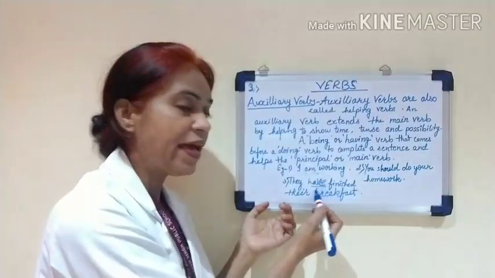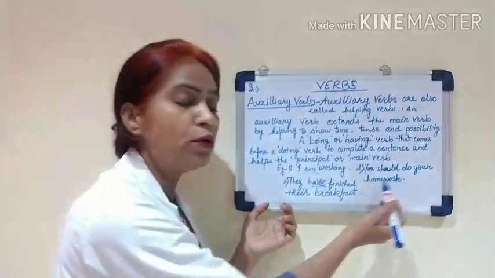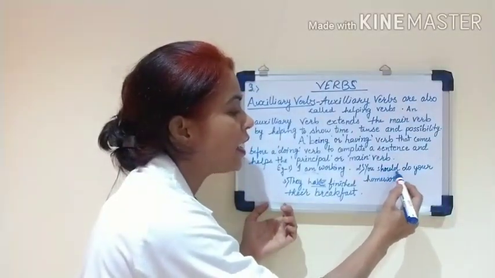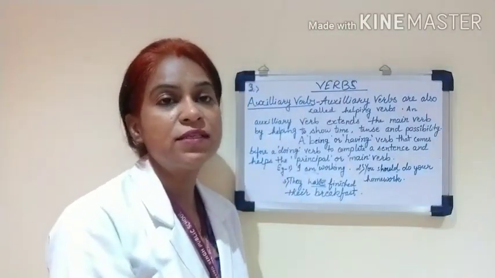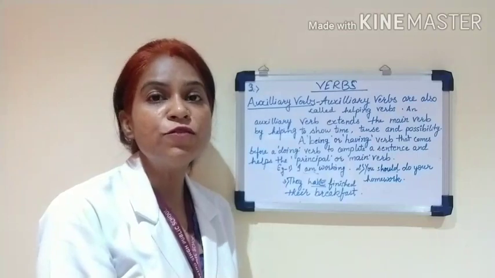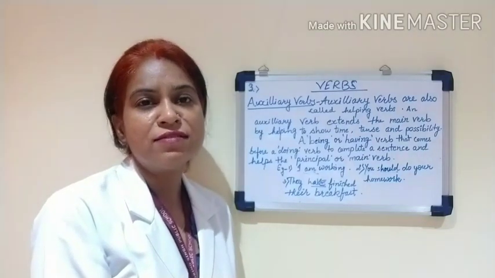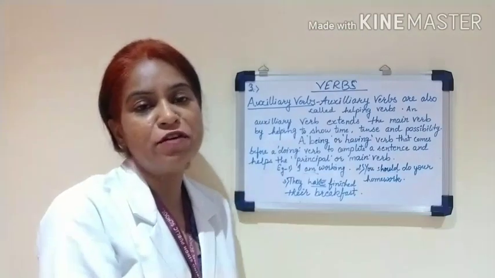Have is a helping verb. You should do your homework. Should is a helping verb. So here you must note that a linking verb works as the main verb in the sentence. An auxiliary verb helps the main verb.